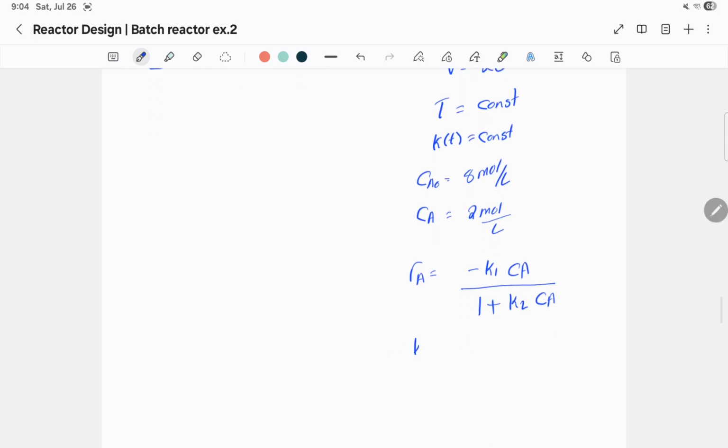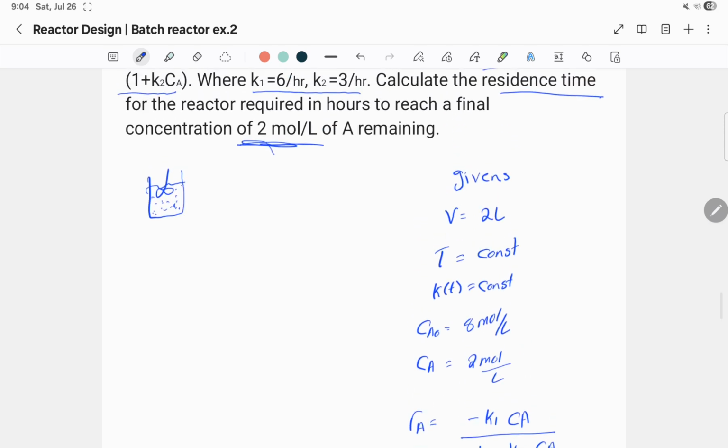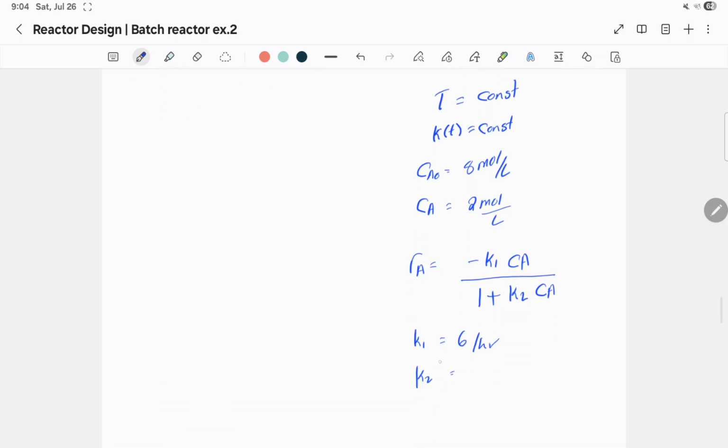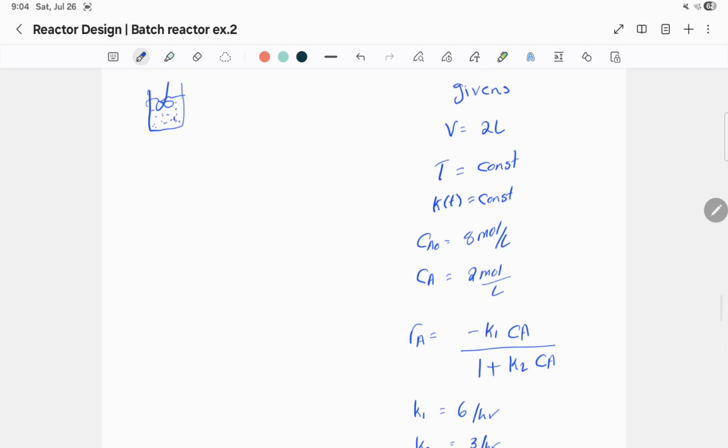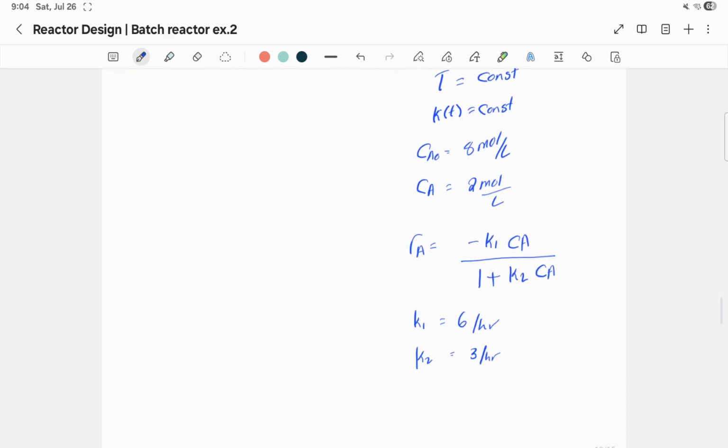K1 equals 6 per hour. K2 equals 3 per hour. The reaction rate equation looks scary, but really it's not. Since K1 and K2 are a function of temperature and the temperature is constant, we'll just be plugging these terms into the reaction rate equation.